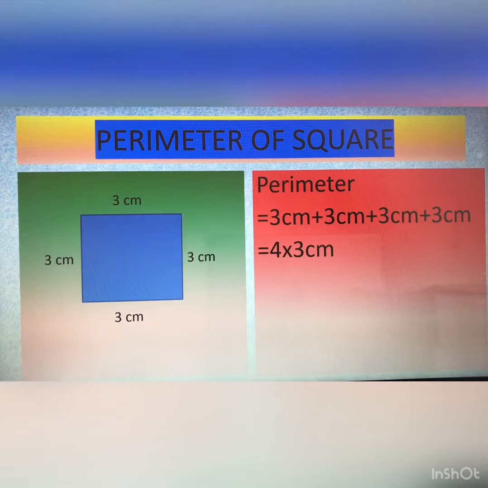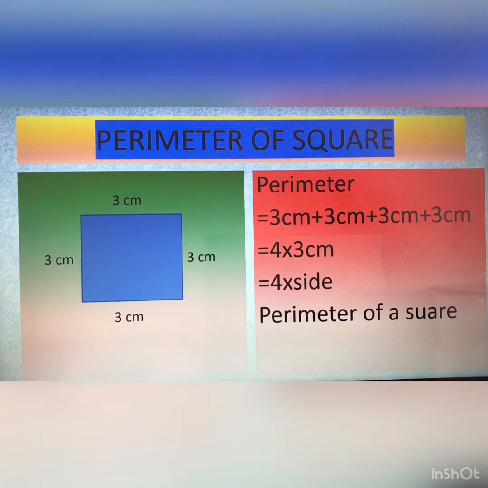Why? Because 3 appears 4 times. So we can write 4 into 3 centimeter, which means 4 into side, where 3 is the side of the square. This is the perimeter of a square. So the perimeter of a square is 4 into side.